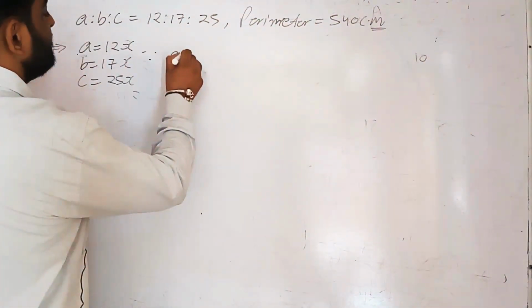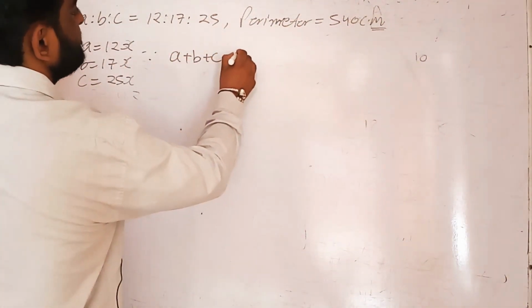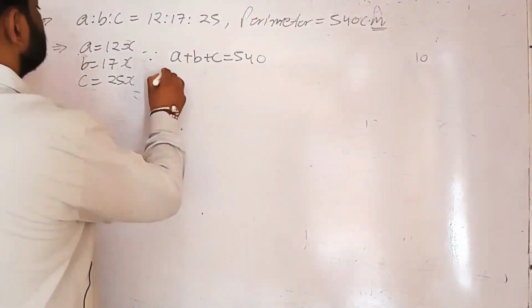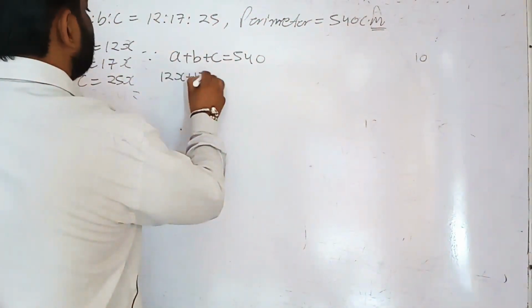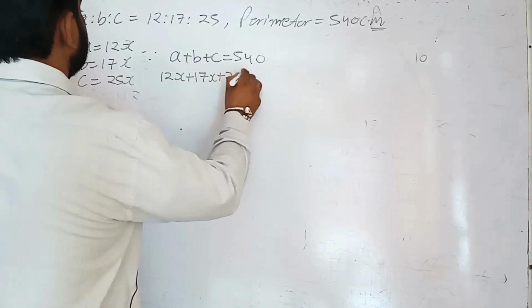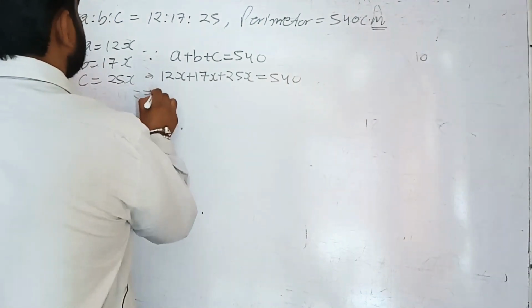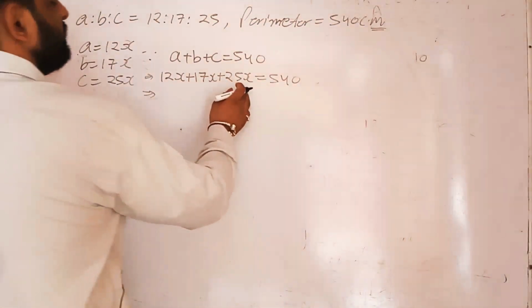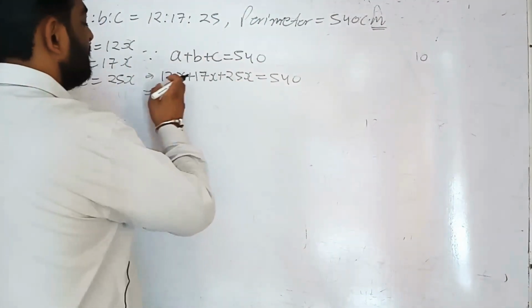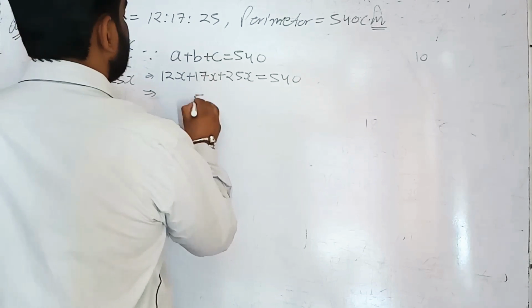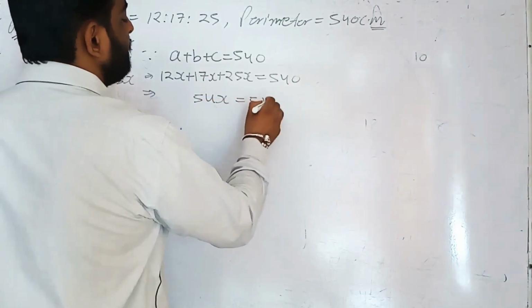So the perimeter is given, we know that A plus B plus C is given as 540. So 12x plus 17x plus 25x equals to 540. So 12, 17 and 25, that is we written as 54x equals to 540.